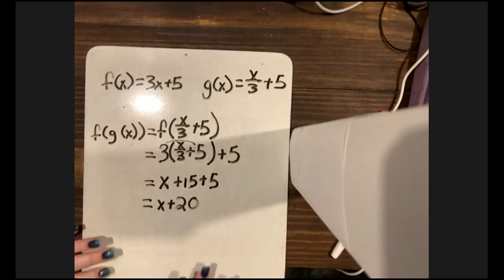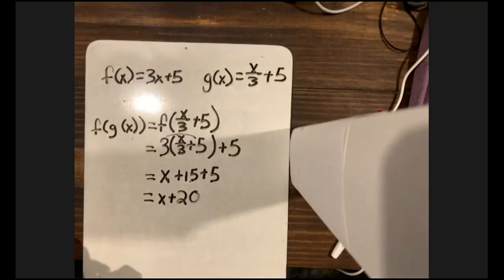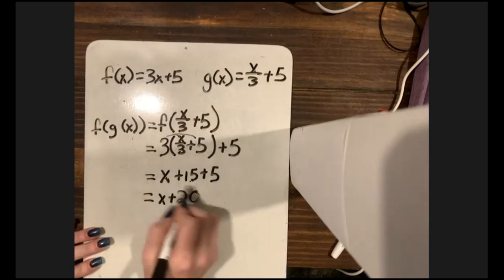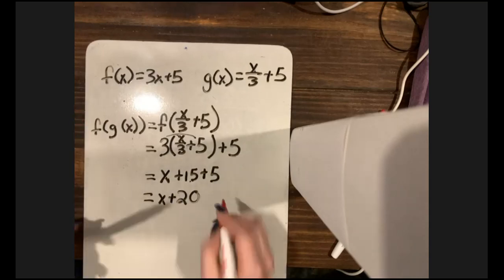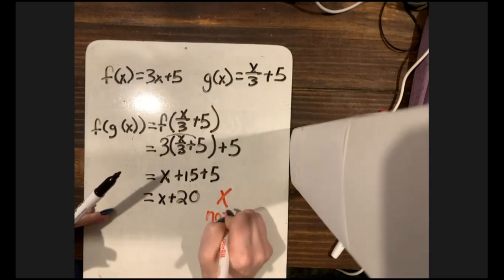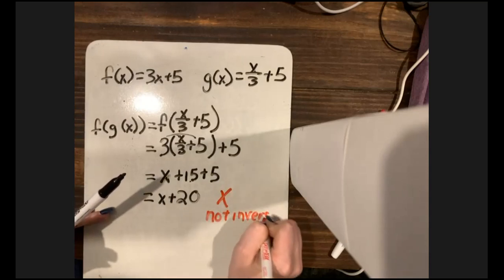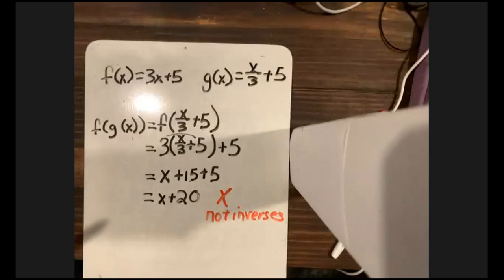Okay. This is close, but it's not. That plus 20 screws it up. They're not inverses. Okay. Like that's it.